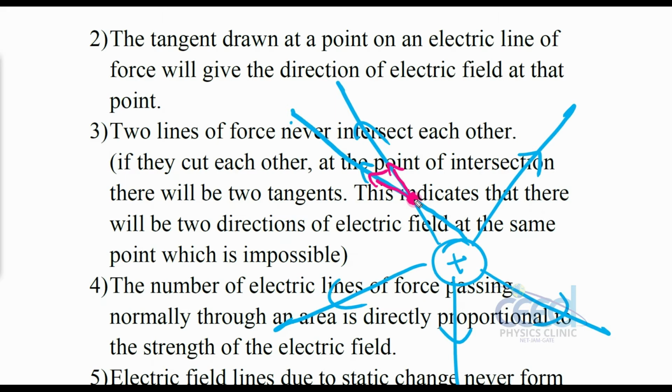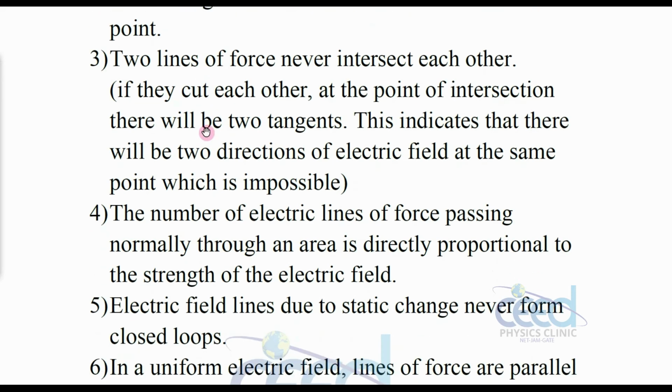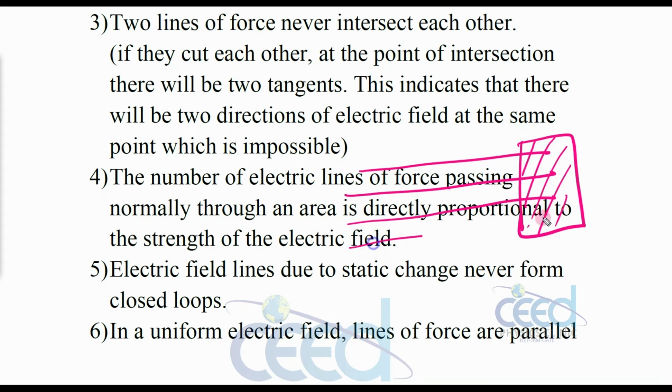Another property is that the number of electric field lines passing normally through an area is directly proportional to the strength of the electric field. Suppose you consider a particular area and measure the number of field lines passing normally through this surface.